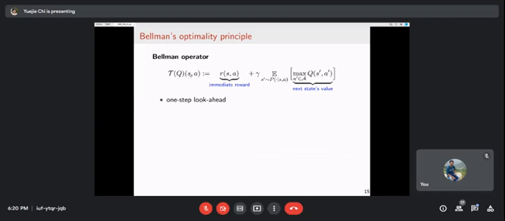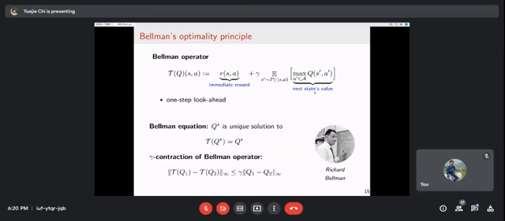So imagine you are at the current Q function, you'll be updating the specific element of your Q function based on the immediate reward, and the next state's best value through bootstrapping. And importantly, this Bellman operator satisfies two nice properties. The optimal Q function, which is what we are interested in finding, turns out to be the unique fixed point of the Bellman operator.